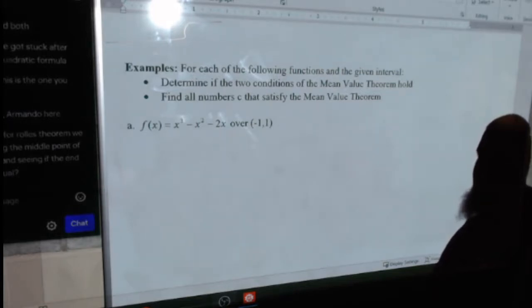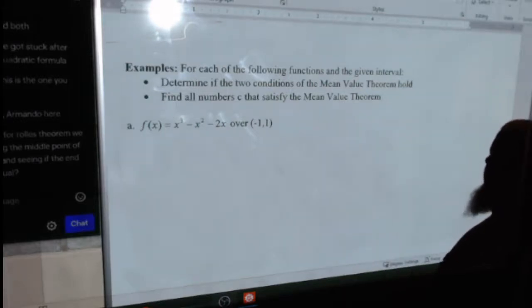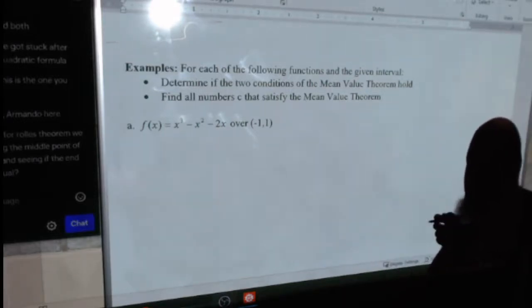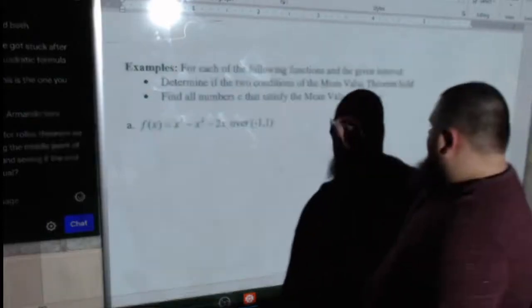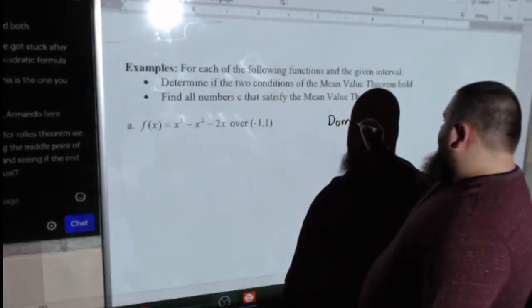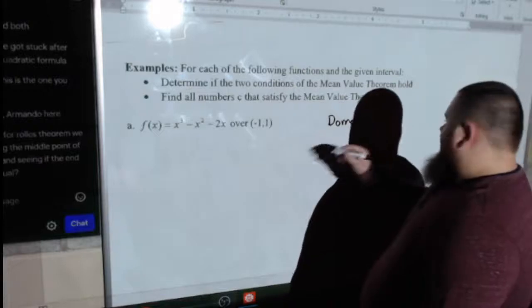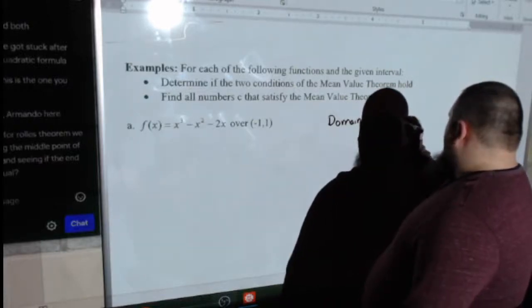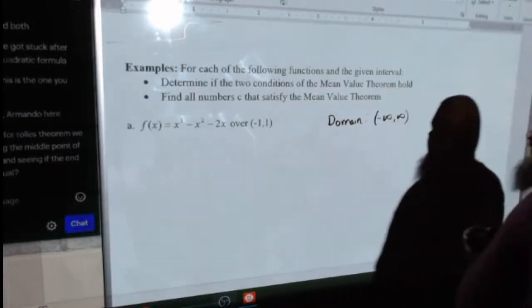So we've got this function here. We first have to prove it's continuous and differentiable. So how do I prove that it's continuous? Well, the domain of this function, because it's a polynomial, is minus infinity to infinity.